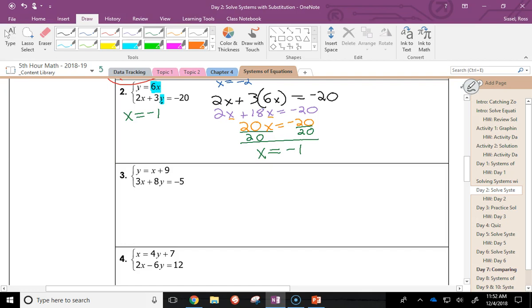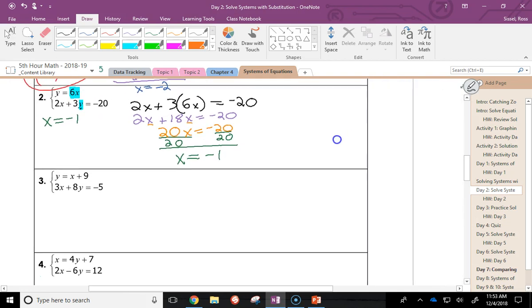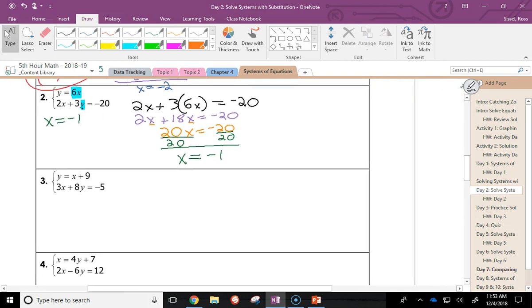Now, 4th hour, I asked students this, and they got it right where they would have done it correct, but there's an easier way. Now that I know x, we're doing the substitution method, so I'm going to substitute negative 1 in for x. Which equation should I put negative 1 into?